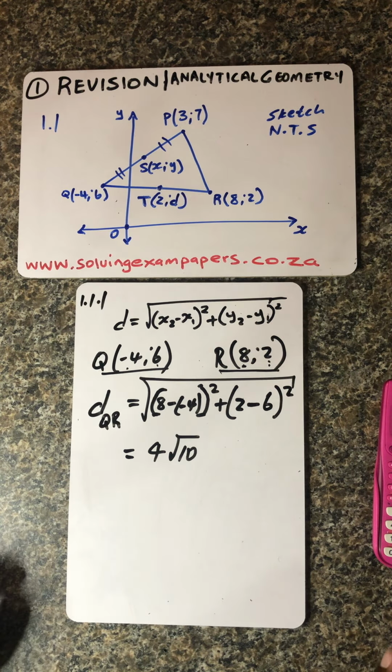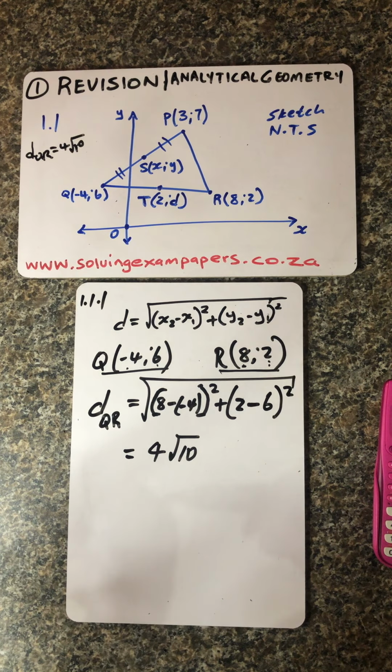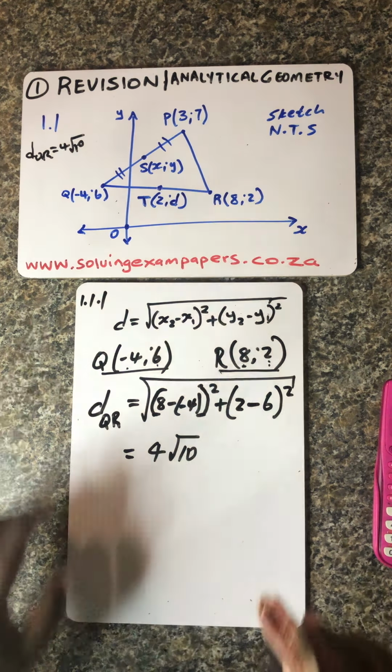Ladies and gentlemen, let me just write it there to say the distance of QR is equal to 4 square root of 10. I'm just writing it there in case in the future we need that value, we can easily find it over there.